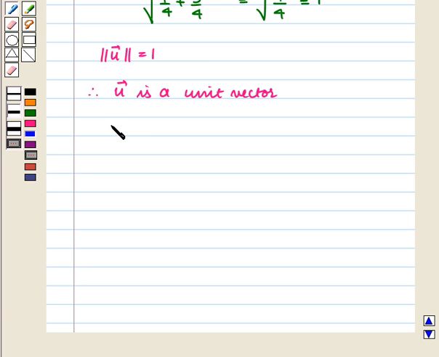So to find the directional derivative of the function f of xy, we use the formula D sub u of f of xy is equal to the dot product of gradient of f of xy and the unit vector u.